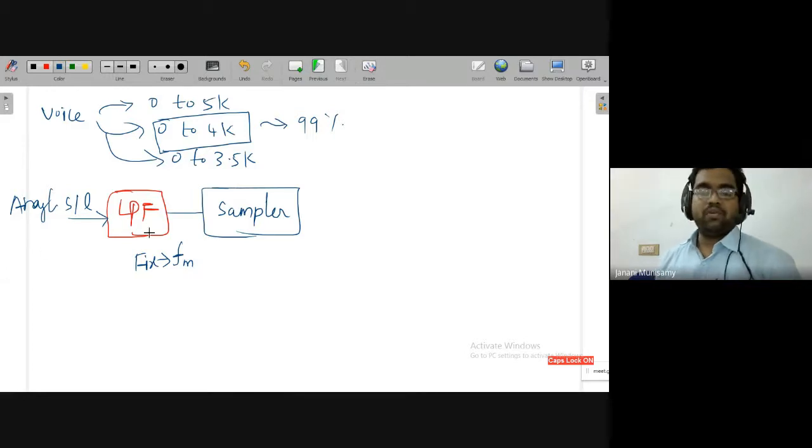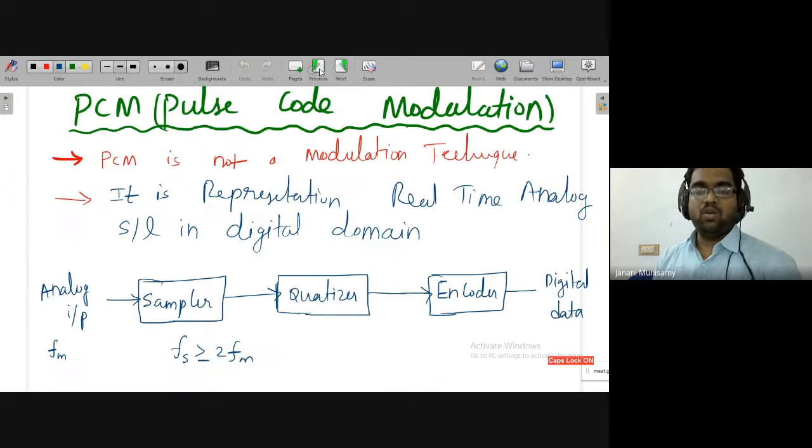Otherwise, if you are not using a low pass filter, you do not know what FM is, and automatically you will be violating this formula. Once you violate this formula, that will create a problem at the receiver side. I'll tell you later what that problem is. Mostly distortions will be there.